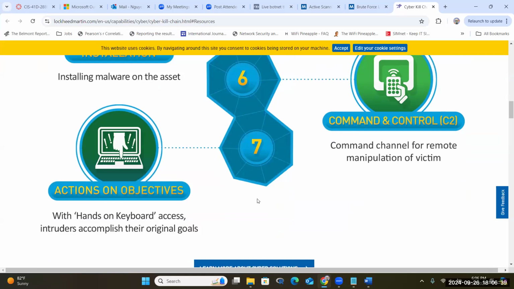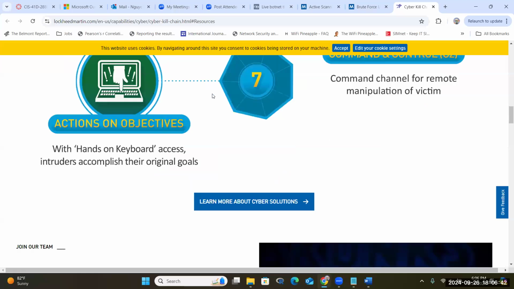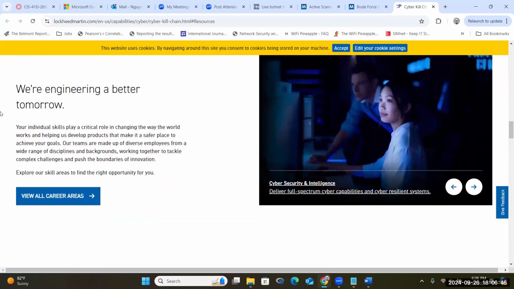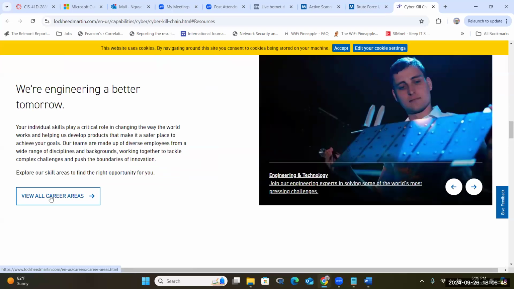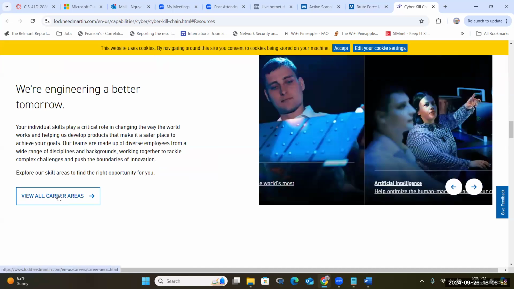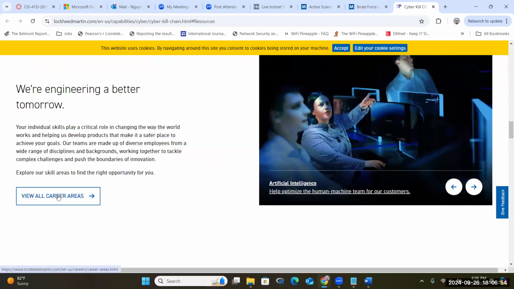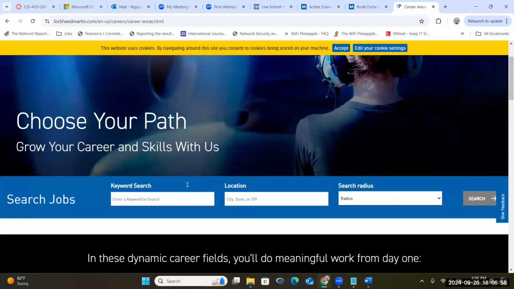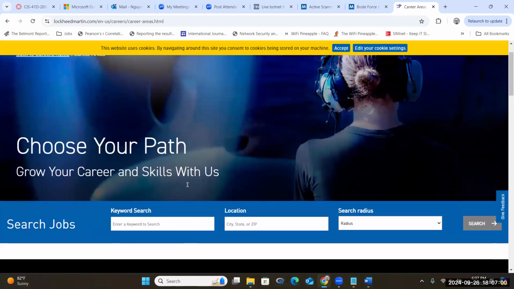Okay, so on the website, you'll be able to visit and see, but if you scroll down to the bottom, right, they are actively hiring. So if you want to work in various parts of the country, you can go here and then you can choose your path.